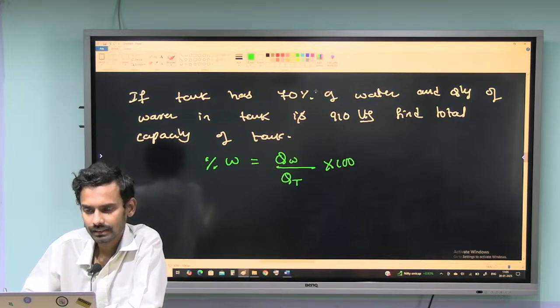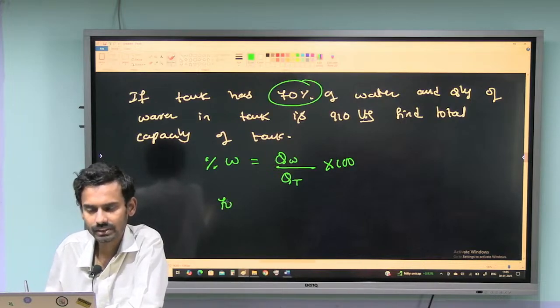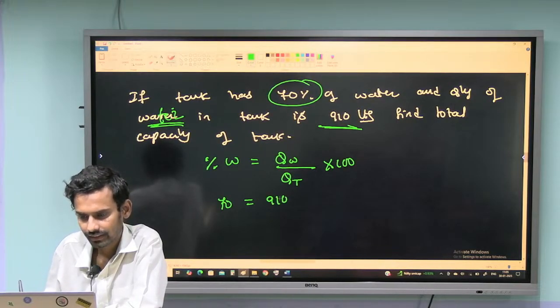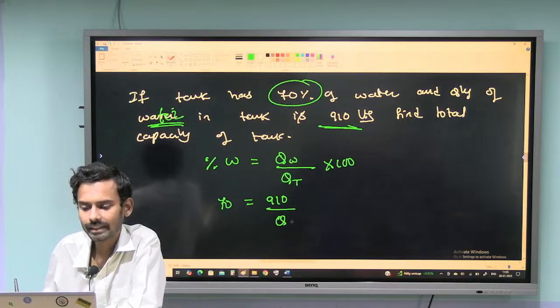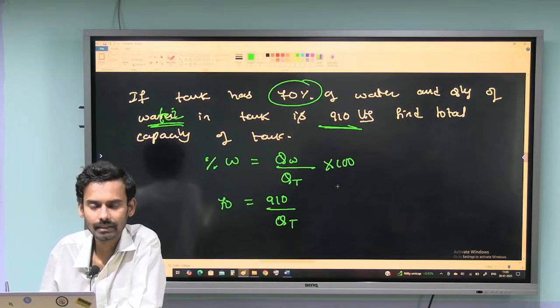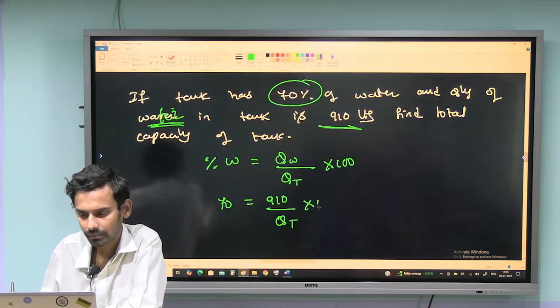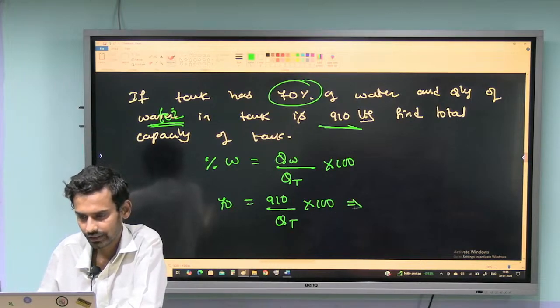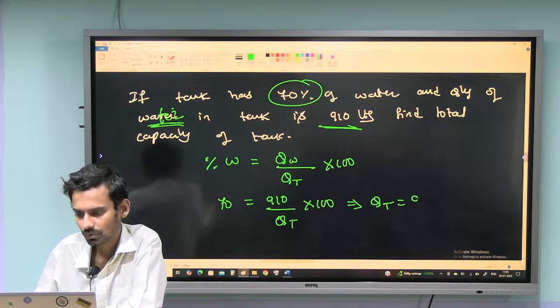What is given? 70%, the percentage value, is equal to, now is it the quantity of water? Is it the quantity of water 910? So 910 divided by, I don't know the quantity of the tank, which is nothing but the capacity of the tank, multiplied by 100. So simplify this, you will get the answer. So the quantity of the tank is equal to 910 by 70 into 100.